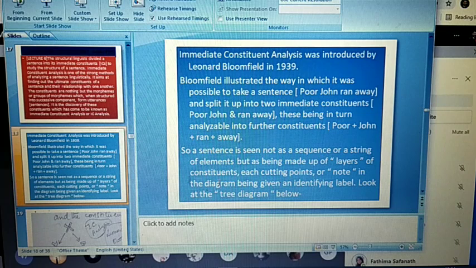Immediate constituent analysis was introduced by Leonard Bloomfield in 1939. Bloomfield illustrated the way in which it was possible to take a sentence, poor John ran away, and split it up into two immediate constituents.